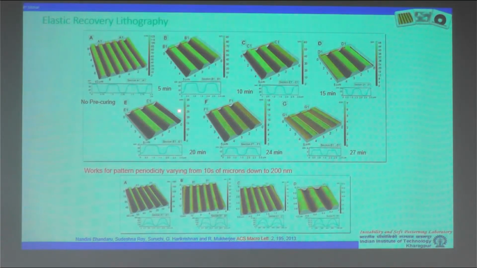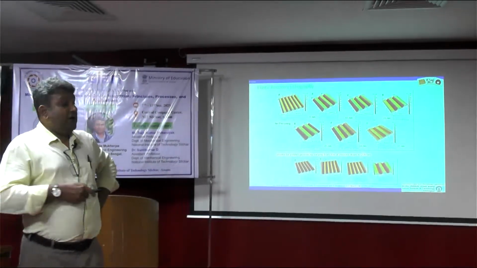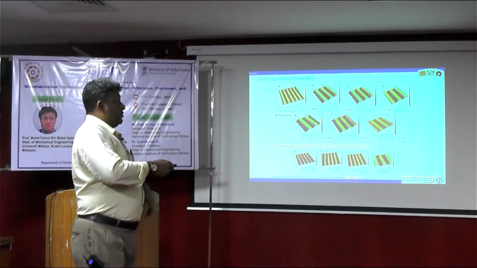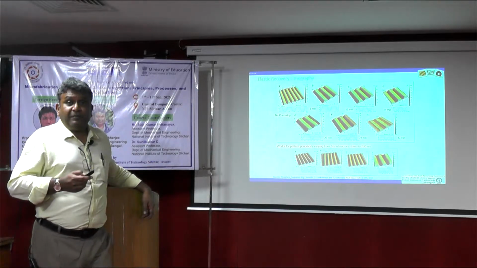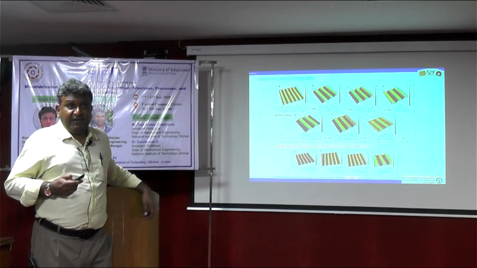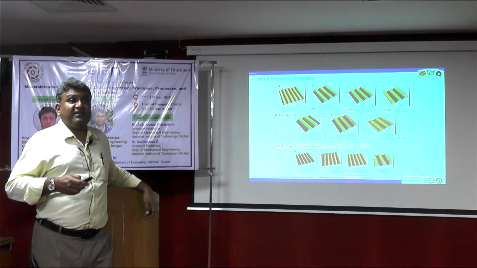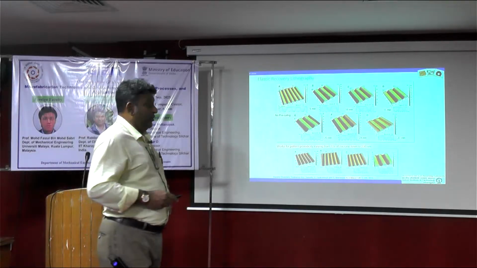The duration of pre-curing was basically varied from film to film. So longer was the duration of pre-curing, higher was the level of elasticity, and higher therefore was the level of stress relaxation. Once it becomes fully elastic, it does not deform at all.